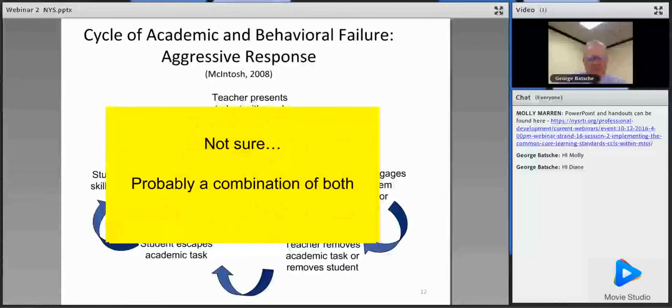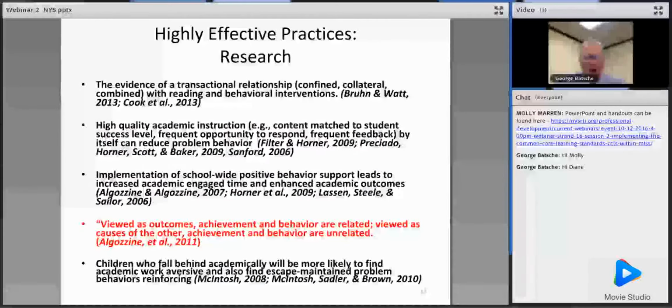If you take a look at that second statement, there are 3 or 4 research studies that show that high quality academic instruction, content matched to student success level, frequent opportunity to respond, frequent feedback, in other words, students are engaged, by itself can reduce behavior problems. And that was the point that I was making a few minutes ago. The reverse is also true.